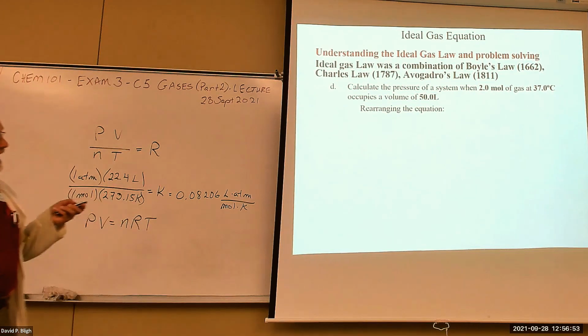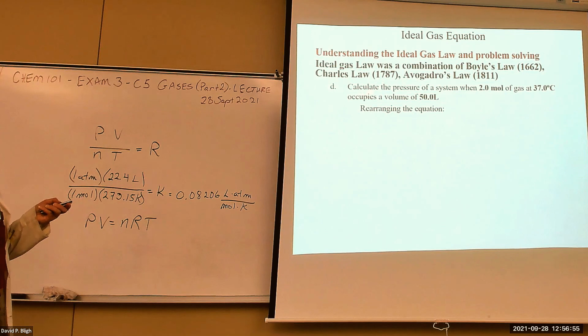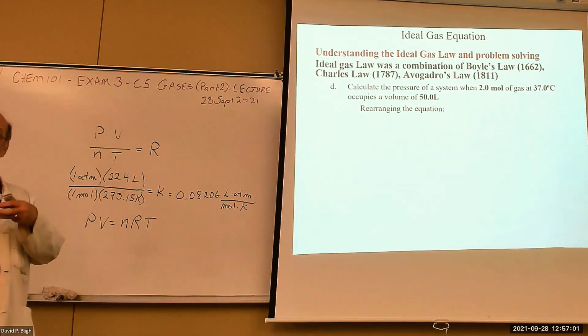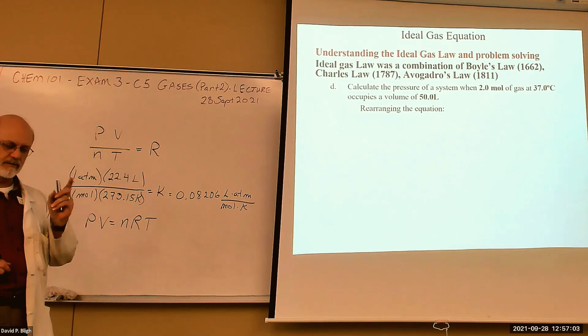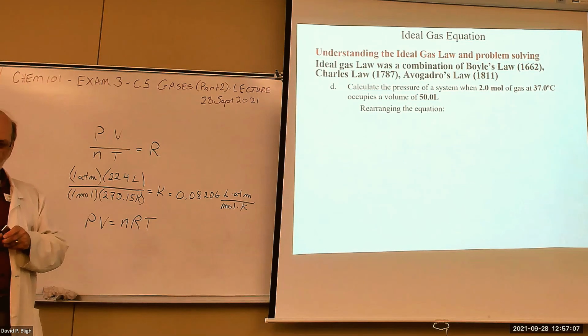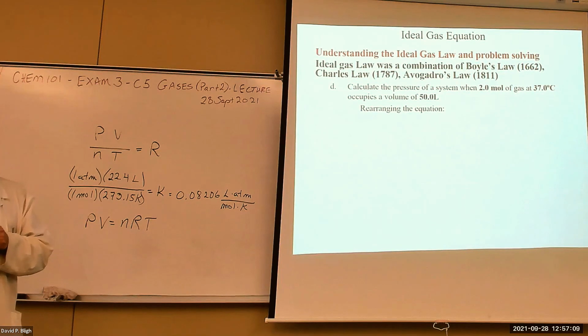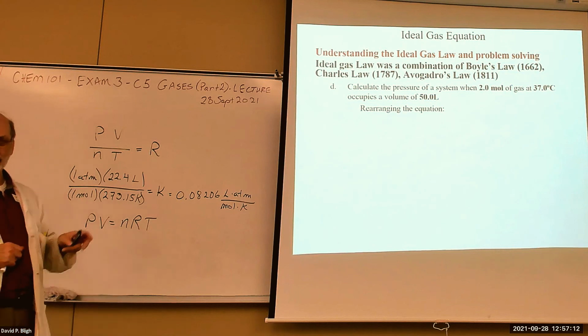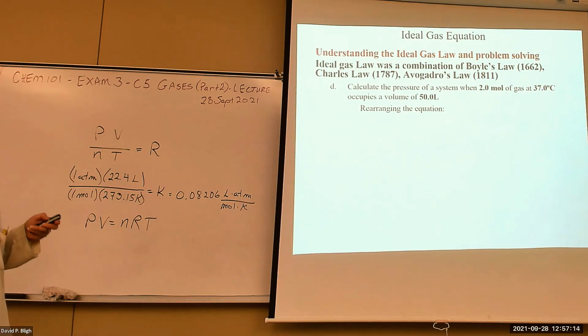So if we want to calculate the pressure, first thing we do is say, okay, this is a gas equation. I'm mixing my terms. Not a solution in the chemical sense, but a solution to the problem. If we're trying to solve a problem, we've determined that it's a state. Then we look for the question: calculate the pressure.